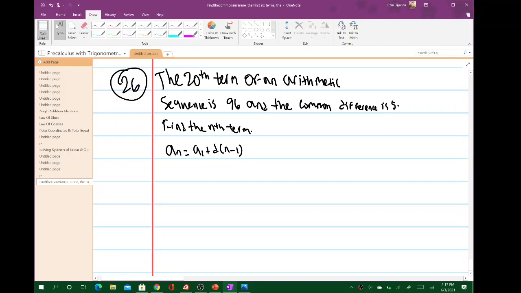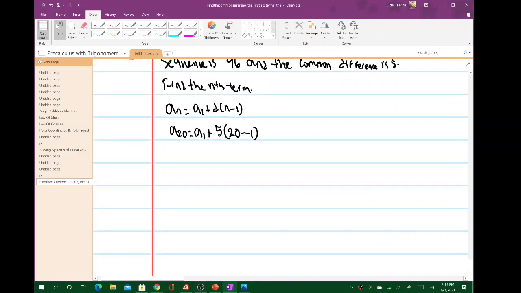So a sub 20 equals a sub 1 plus the common difference, which is 5, times 20 minus 1. We want to know what the nth term is. In other words, they want to know what the formula of this sequence is going to be, right?